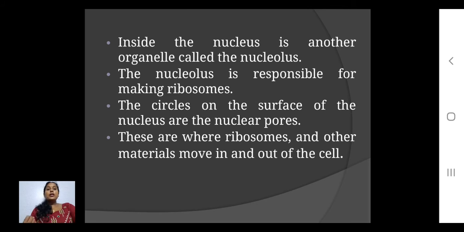The coordination of the other organelles is also very important. So nuclear pores are helpful for the movement of materials in and out of the cell.